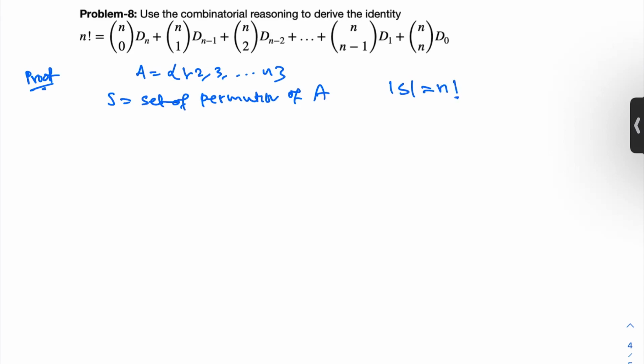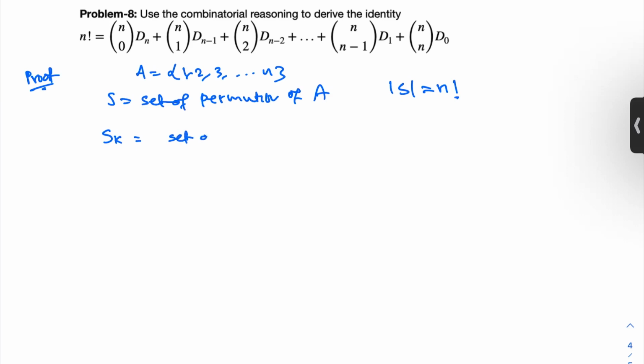Okay, so if you look at any permutation, you will see that some objects are fixed in their original position, some are disturbed, right? So in any permutation, the number of objects fixed is going to vary from 0 to n, right? So let me classify these permutations like this. Sk is what?